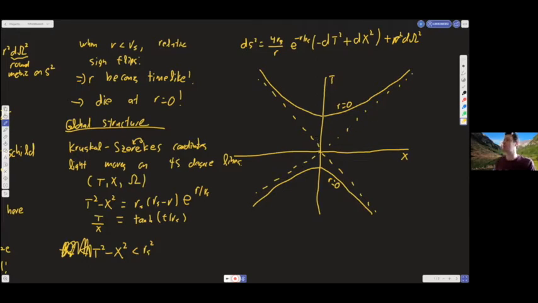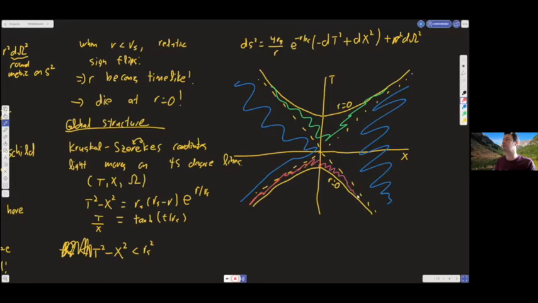So this geometry has 4 regions. It has this wedge on the right here, this wedge on the left here, this future wedge here, and this past wedge down here that my bad drawing compressed a little bit.